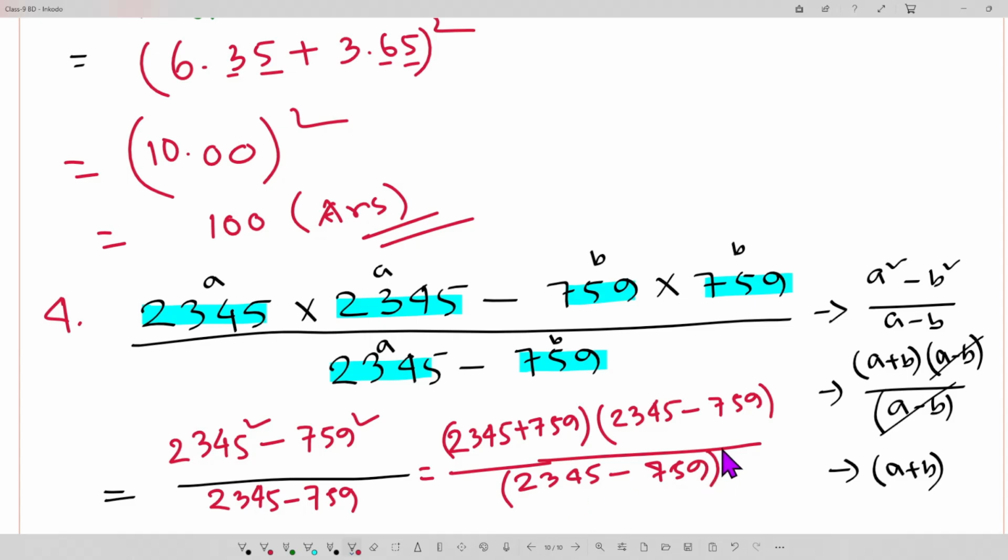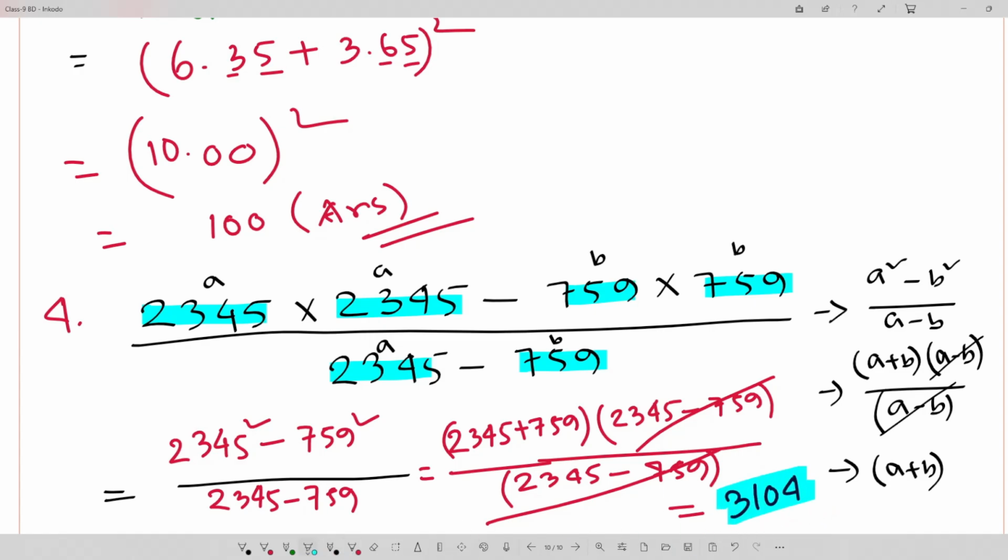So easily we can cancel this out, and the ultimate answer will be just 2345 plus 759, it means 3104. 3104 is our answer.